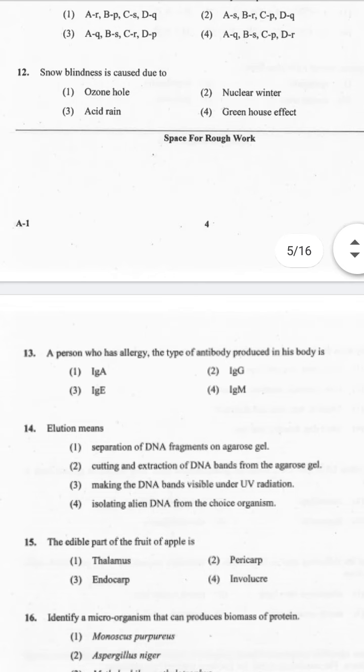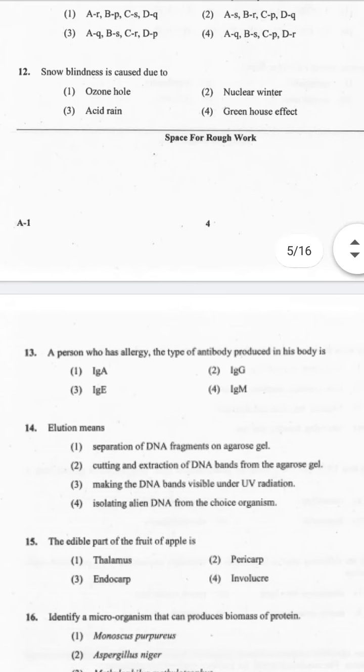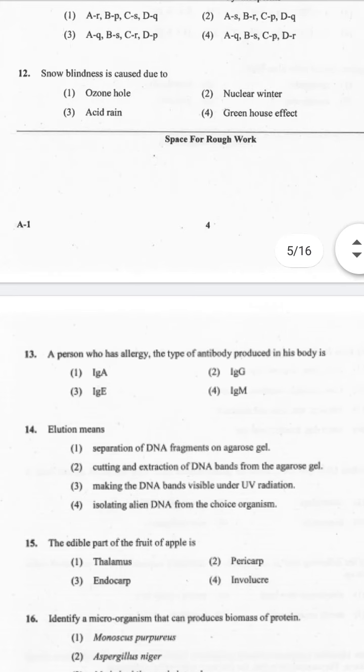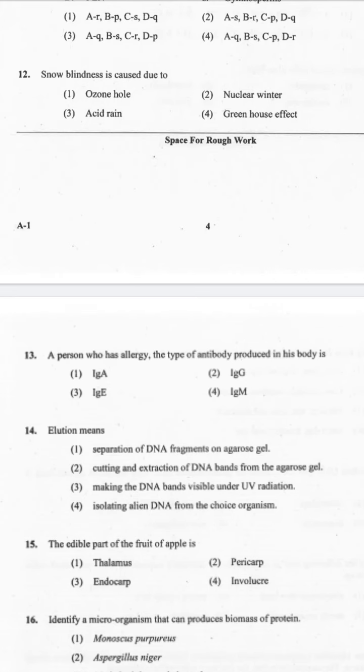Snow blindness is due to: so here, students, we need to identify which condition causes snow blindness. Option 1, ozone hole. Option 2, nuclear winter. Option 3, acidic rain. Option 4, greenhouse effect. The correct answer is option 1.